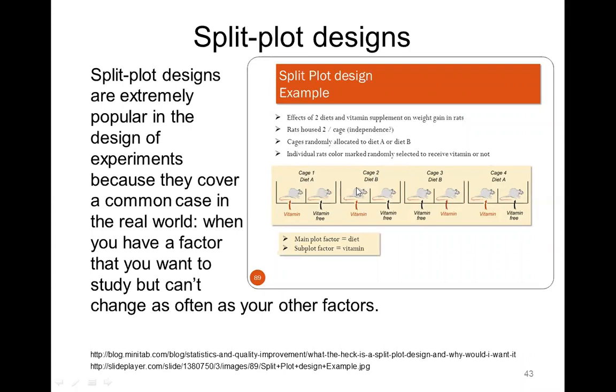Here's cage 2. So that's where the pairing of 2 animals per cage comes in, and that's how we divide it up. This is the general split plot design, where for every individual who's getting treatment, you have an individual that's not. So you follow them along as paired control and case, okay?